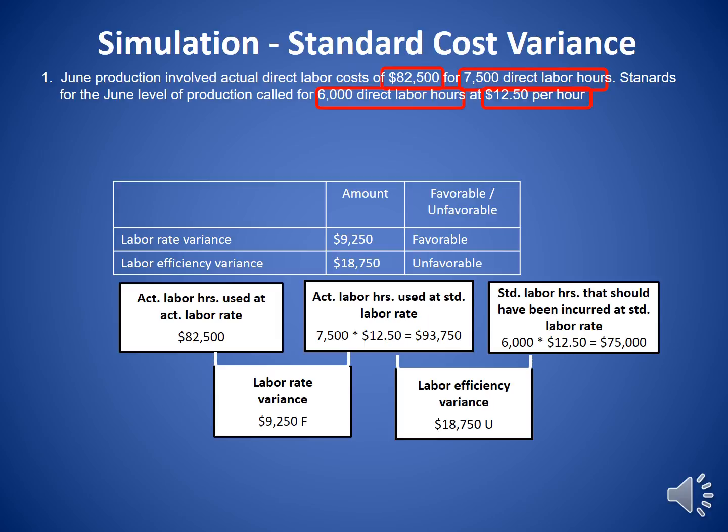So in the comparison, we have a labor efficiency variance of $18,750, and that is an unfavorable variance because we spent more in our labor hours than was called for in our standards.